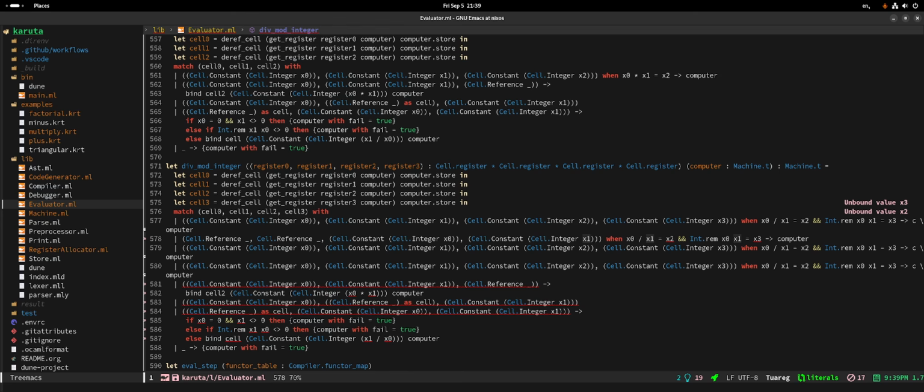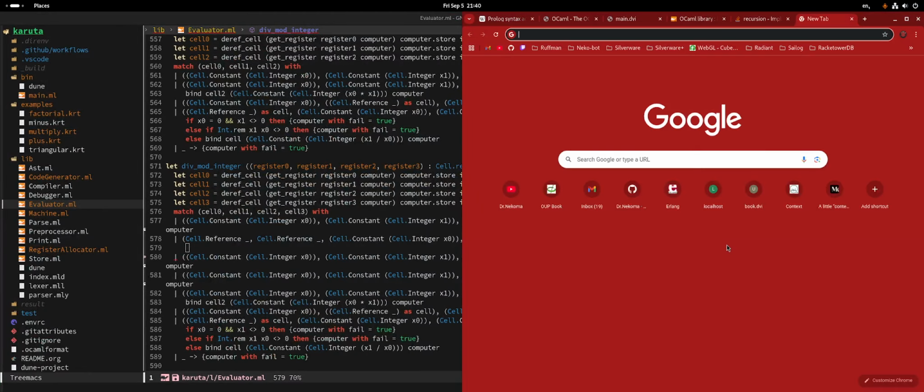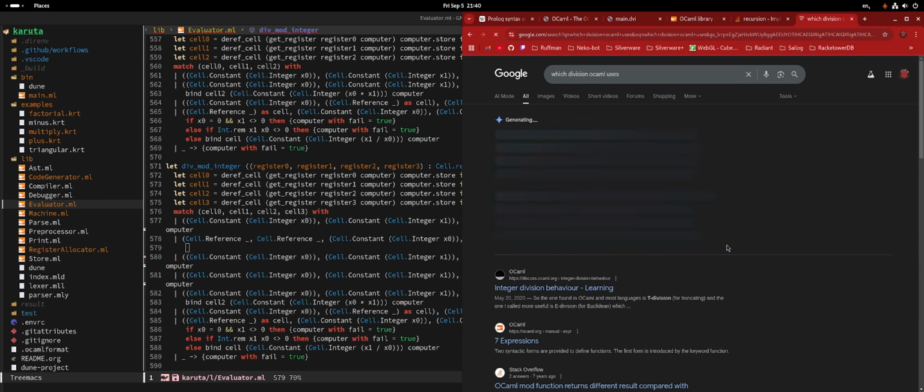This is actually where knowing whether division is Euclidean in OCaml would help, because if it was, we could just do it directly. Let's assume that it's not. If it's not, then we need to know which division it is, because there are multiple non-Euclidean divisions. So which division do we use?